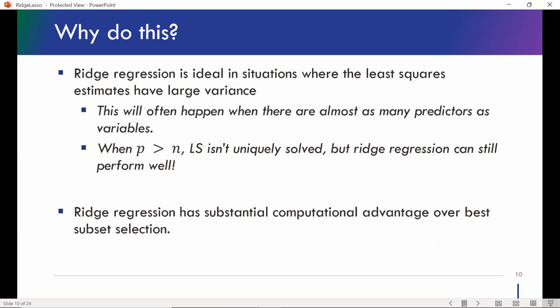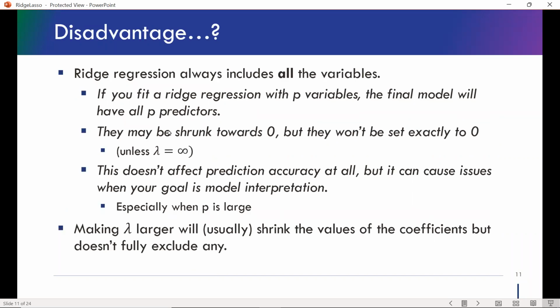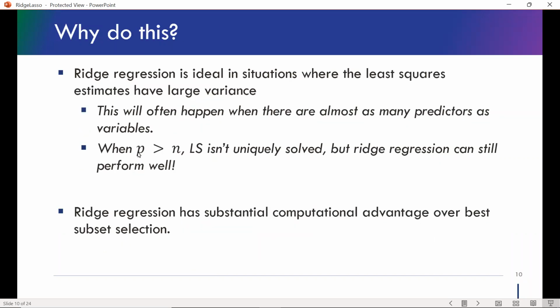Especially when we have more predictors than our data size, p greater than n, the least squares estimates are no longer unique, but we can still use ridge regression to get a good model.